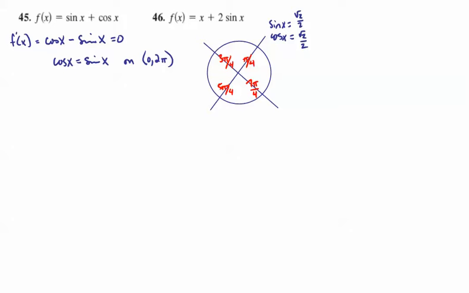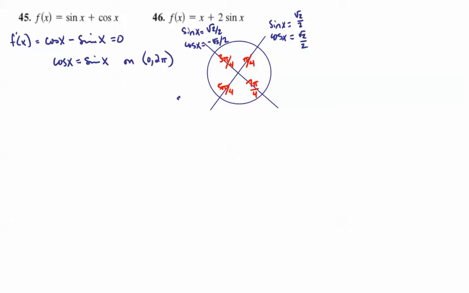Now they could vary in sign. At 3 pi over 4, sine of x is still root 2 over 2, but cosine of x is negative root 2 over 2. So cosine is negative when x is negative. Sine is positive when y is positive.